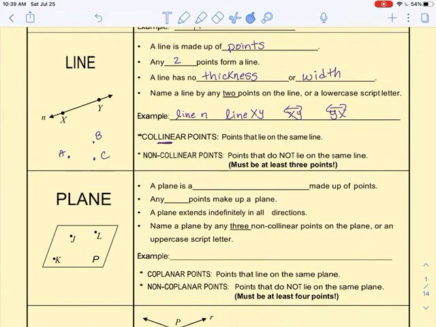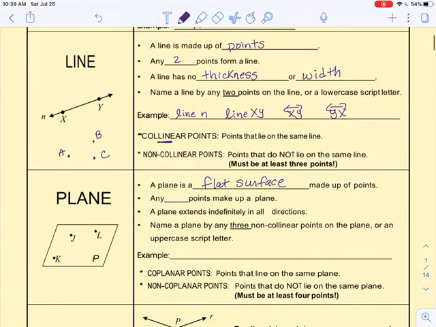And then I have plane. A plane is a flat surface that is made up of points. I actually need 3 points to form a plane because 2 points would just make a line, but 3 points would make up a plane.